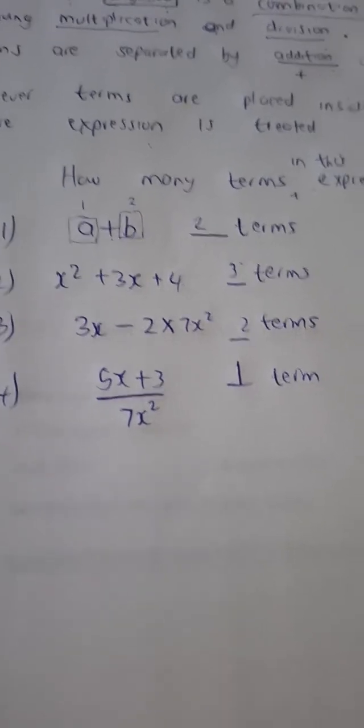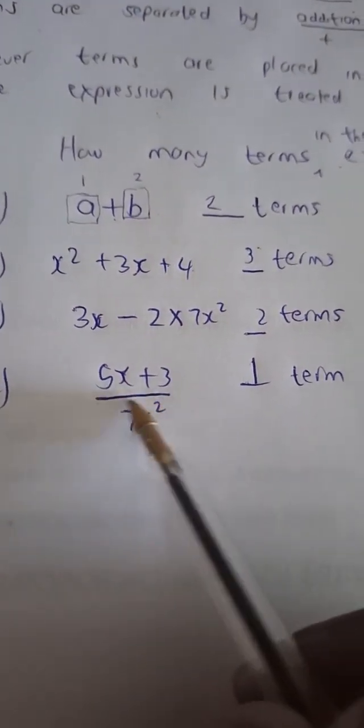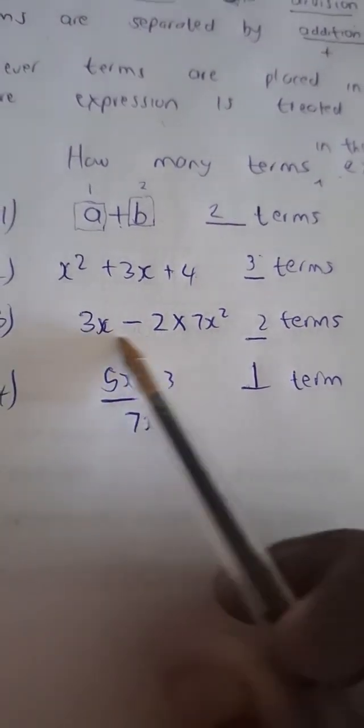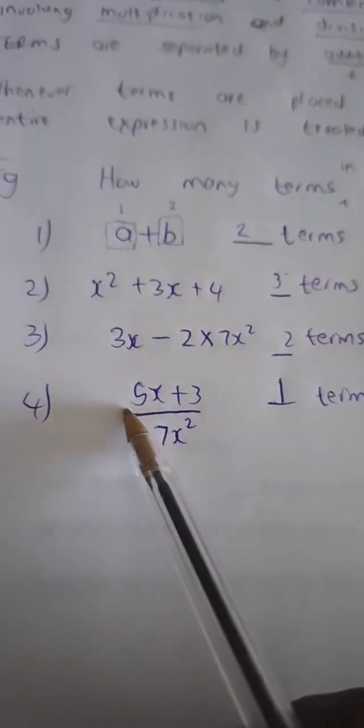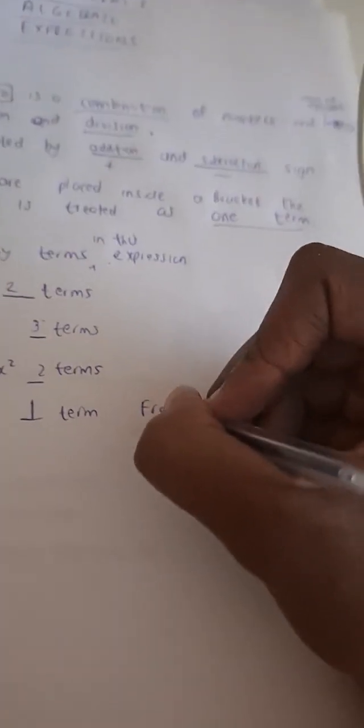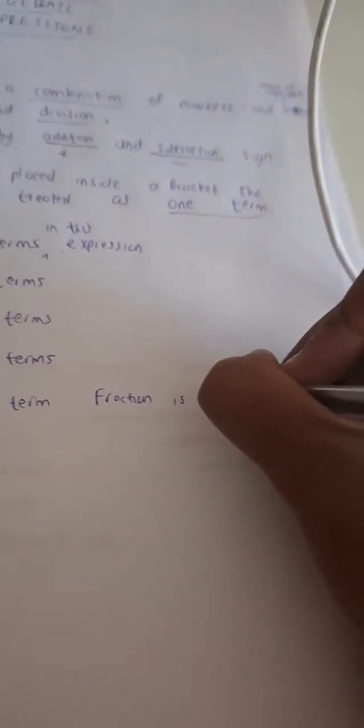Why is that the case? It's because division combines terms. Multiplication and division have the tendency of combining terms. In this case, whenever we have a fraction, it is regarded as one term.